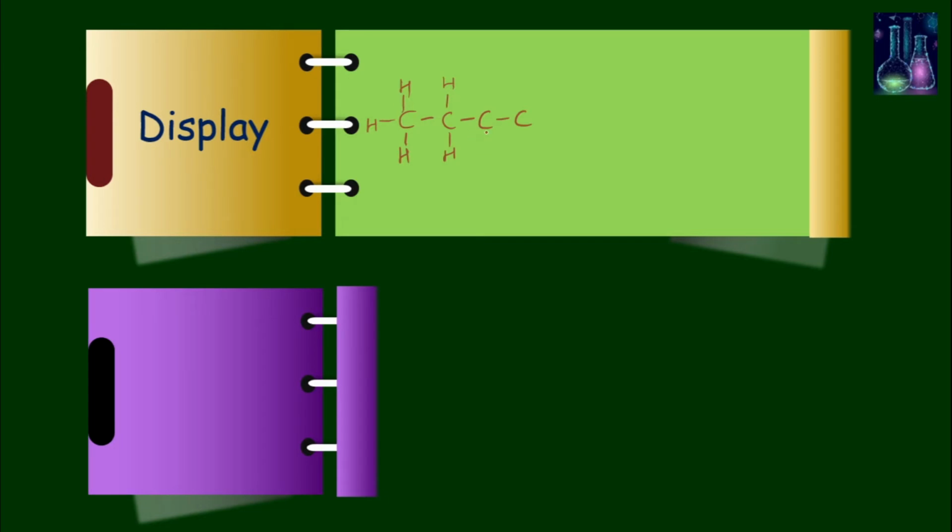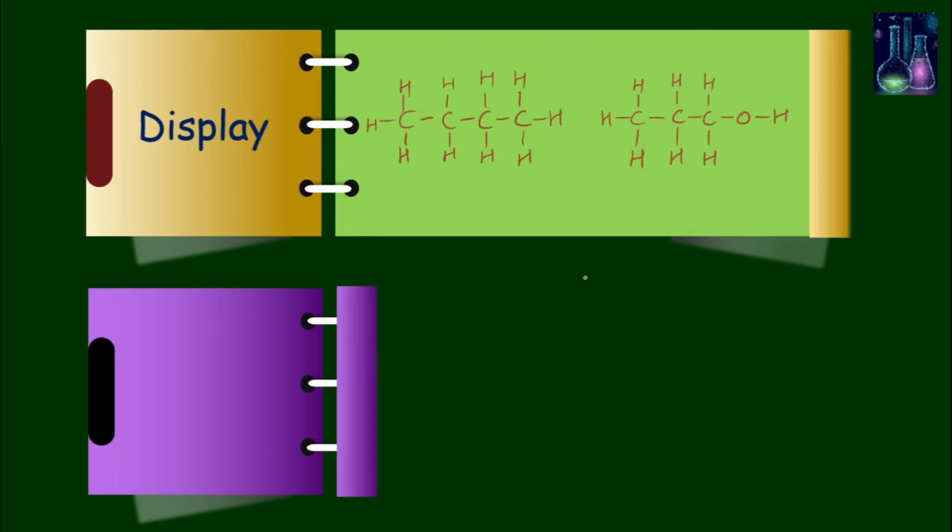So this is your butane, and for propanol, propane has 3 carbons and an alcoholic functional group. Please do show the bonds between oxygen and hydrogen as well. And this goes as your display formula for propanol.